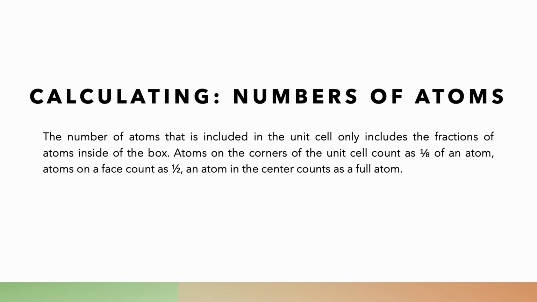The number of atoms that is included in the unit cell only includes the fractions of atoms inside of the box. Atoms on the corners of the unit cell count as 1/8 of an atom. Atoms on a face count as half. An atom in the center counts as a full atom.